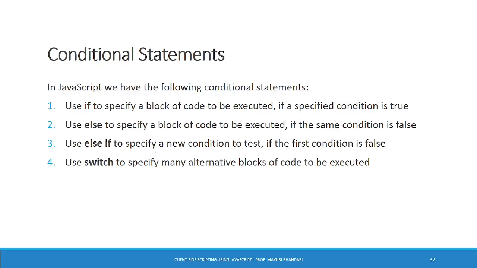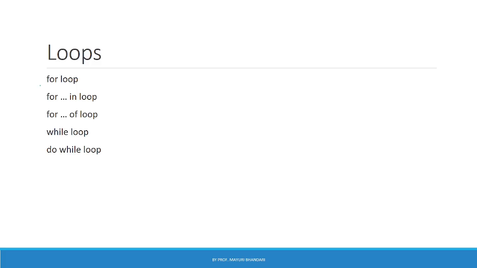Next we have conditional statements. Conditional statements are very useful to check a condition, and based on that condition we can execute some code. So here we have the if statement, else statement, else if statement if you have multiple conditions, and we also have switch case.